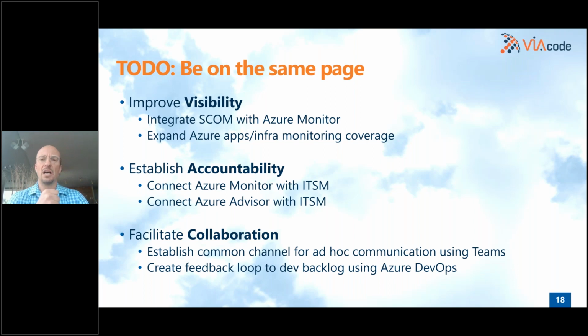First of all, if you have on-prem, we recommend implementing a single pane of glass in Azure Monitor by integrating System Center with Azure Monitor. And as I mentioned, you need to spend some quality time analyzing your monitoring coverage and improving.